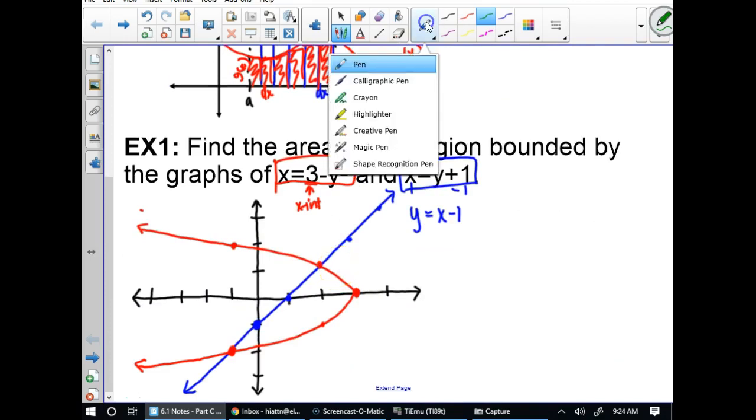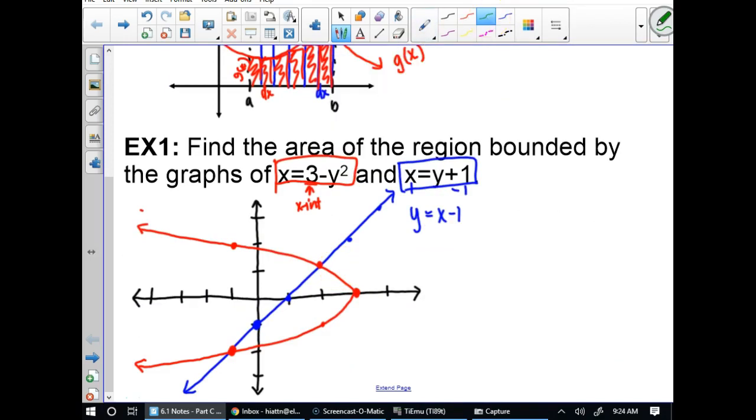If I think of this where my little rectangles are horizontal, then the height of each rectangle is dy. The width of each one is going to be like f of y. It's going to be in terms of y, right?